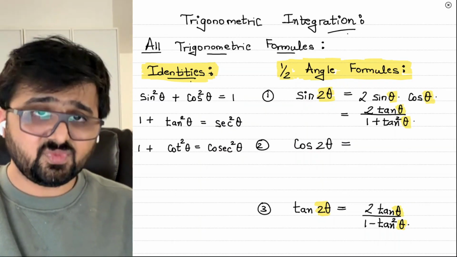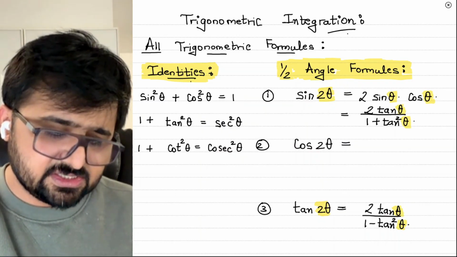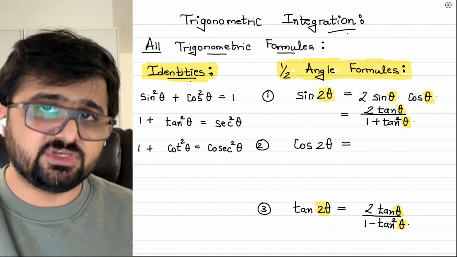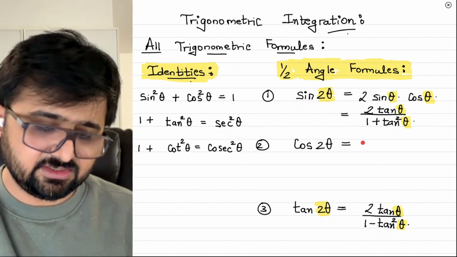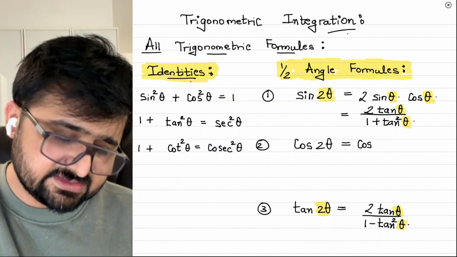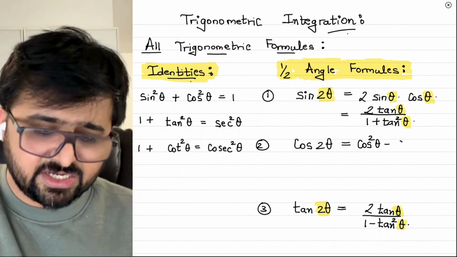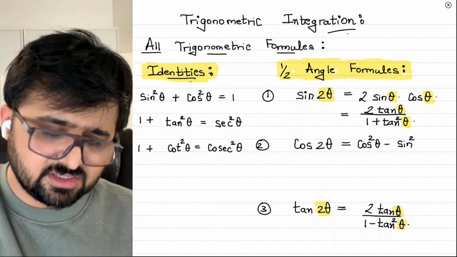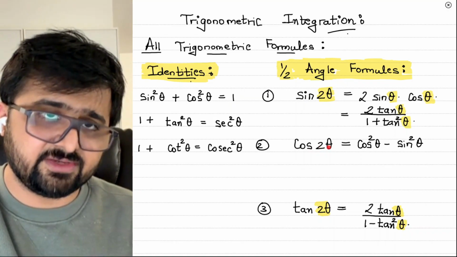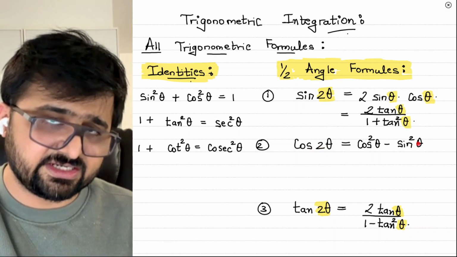Now for cos 2 theta, there are four half angle formulas that we have. The formula number 1 is cos square theta minus sine square theta. In all the formulas, the angle is half. If it is 2 theta here, it becomes theta on the right hand side.